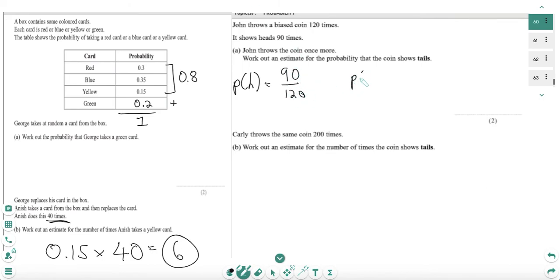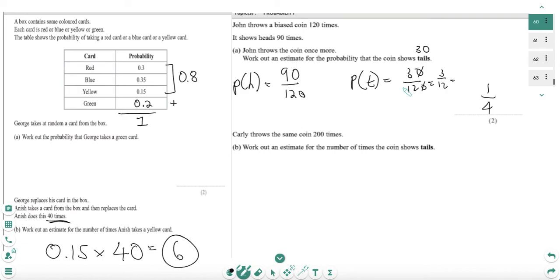So tails should be, well, if he threw heads 90 times out of 120, he must have thrown tails 30 times, the remaining number of times. So we can say 30 out of 120. And we can simplify that to 3/12, and we can divide both numbers by 3, so 1/4.